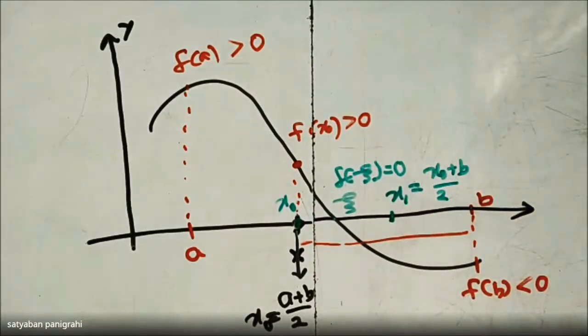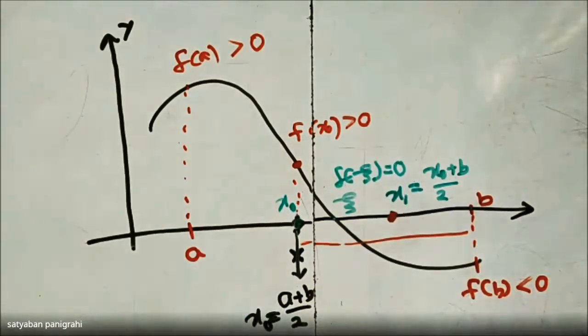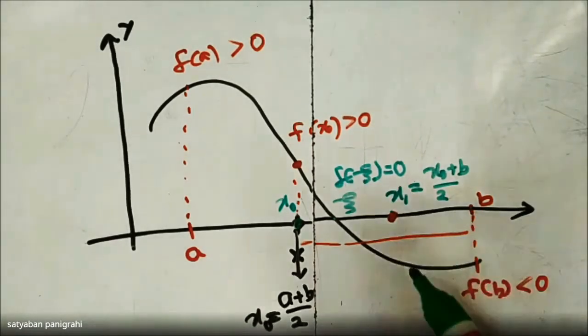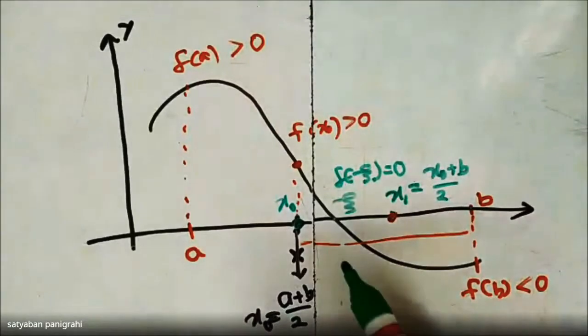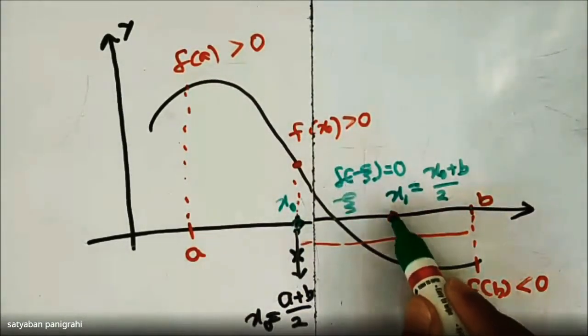Here x0 is my first iteration root, and x1 is the second iteration root.